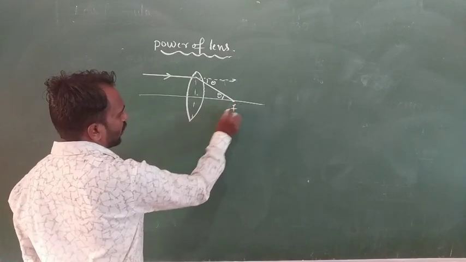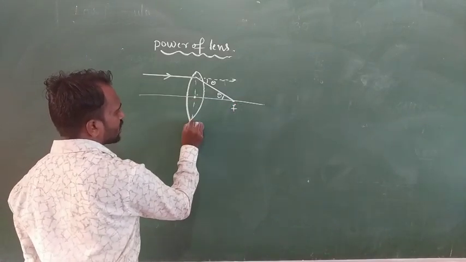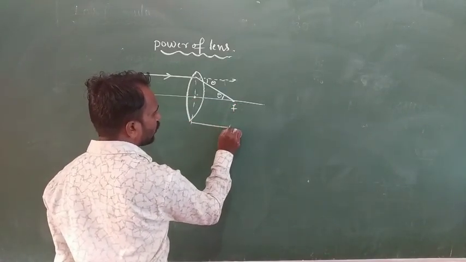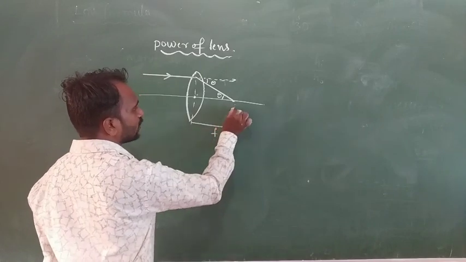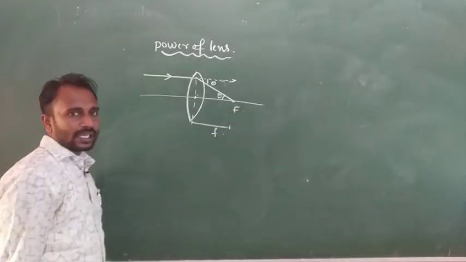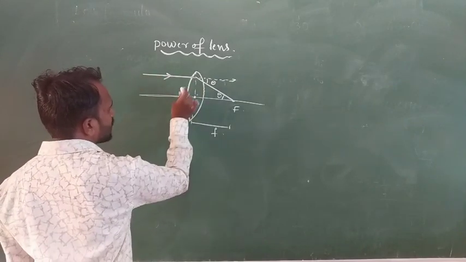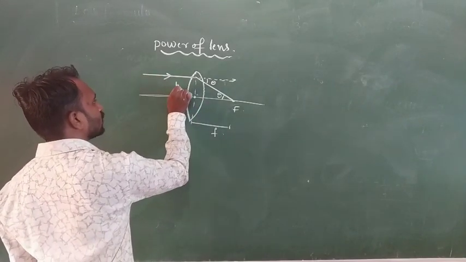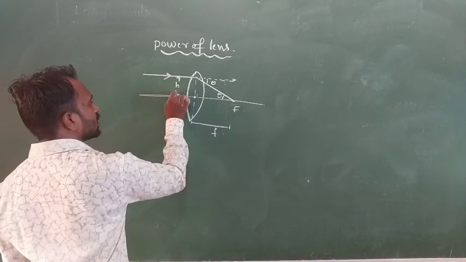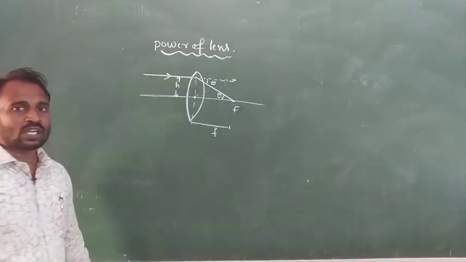This one is the principal focus, and this one is the optic center. Optic center to principal focus is the focal length f. This one is the principal axis and this one is the incident ray. In between, we consider the height h.